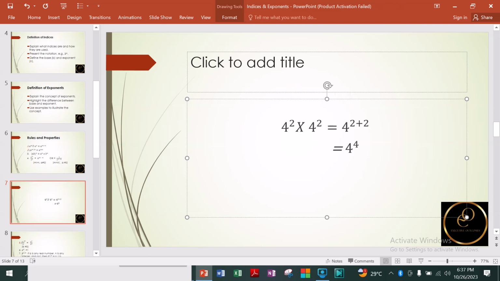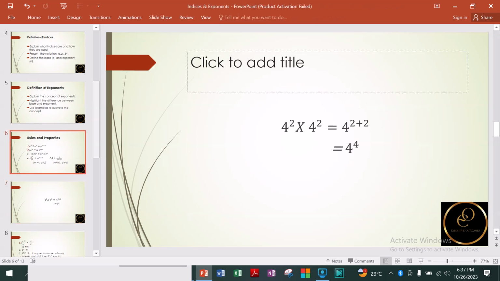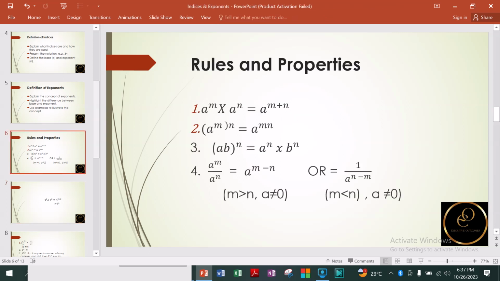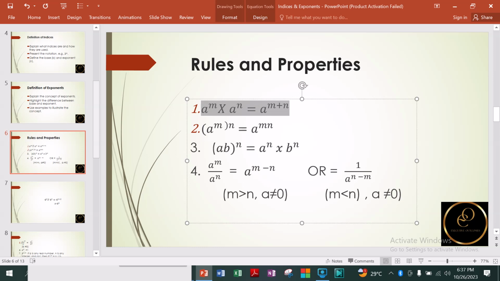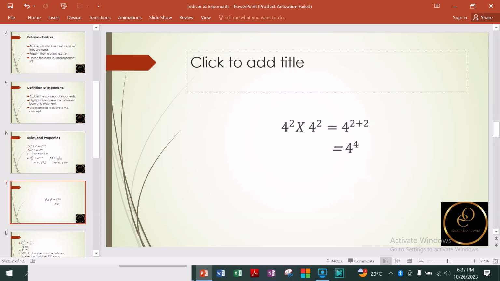So we are looking at this first rule, which we played around with. Okay? So that's what we have considered in this particular case.